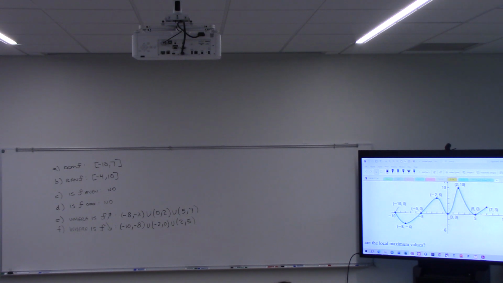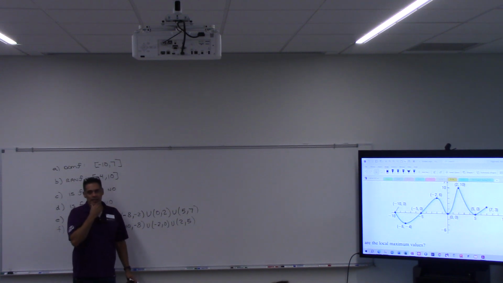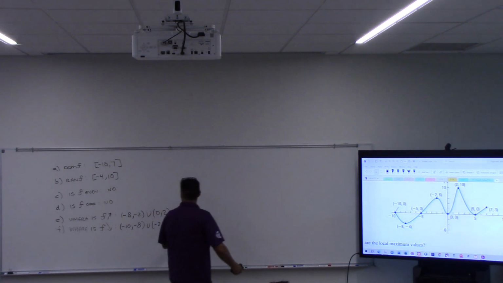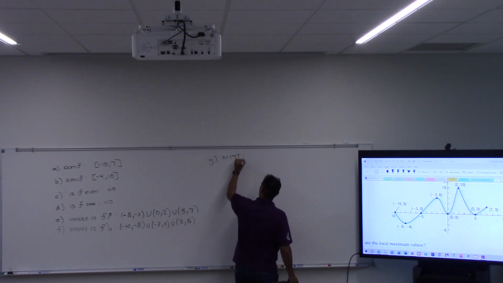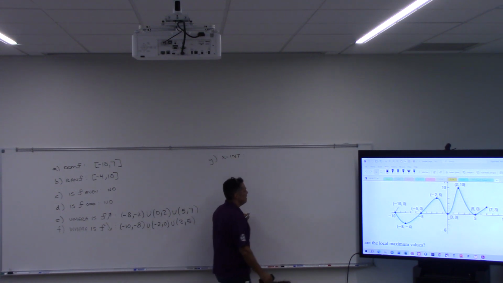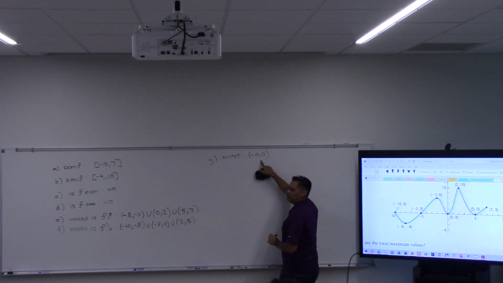Leslie. Yes. Okay, Leslie. What are the x-intercepts of this function? -10, 0. Is that an interval or a point? Point, right?